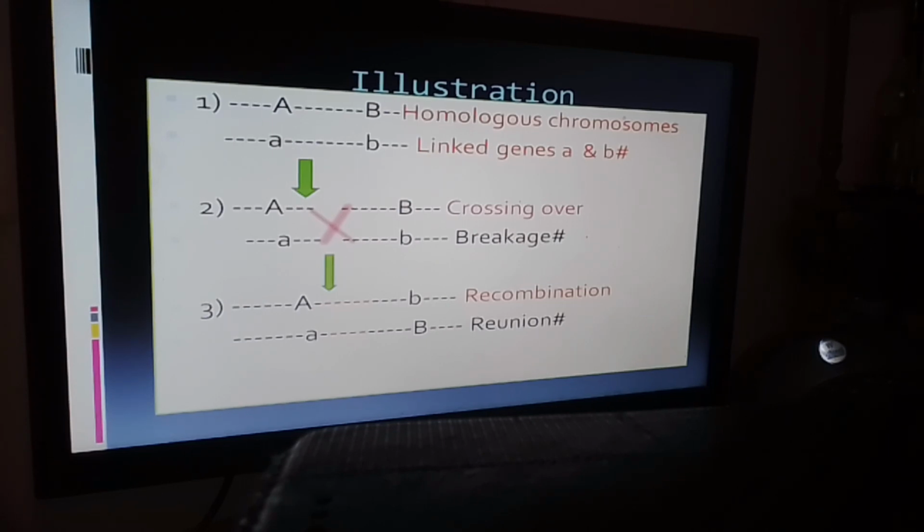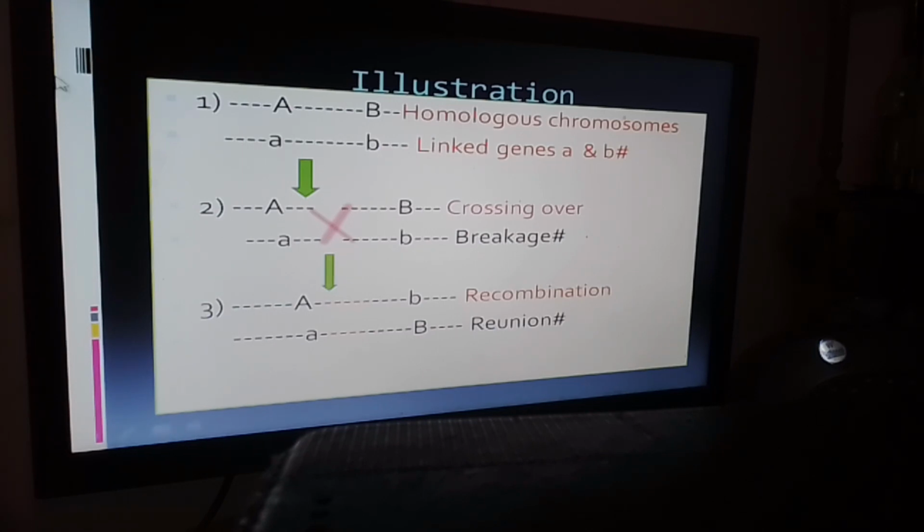In the same way, for example, in human beings there are 22 pairs of homologous chromosomes, and the XY, the 23rd pair, are not homologous, because the X chromosome is longer in size and also different in shape and number of genes compared to the Y, so they cannot be called homologous chromosomes.